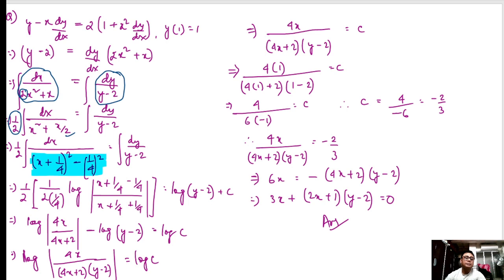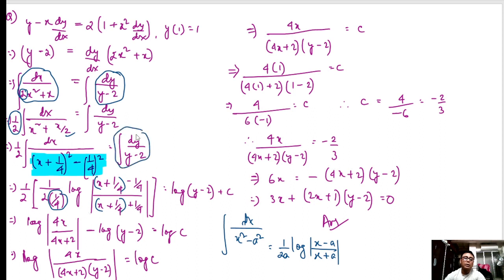So now here it is looking like integration of dx by x square minus a square, which is 1 by 2a log x minus a by x plus a. So here I have written x minus a by x plus a 1 by 2a. Okay, and this part is log y minus 2 plus c.